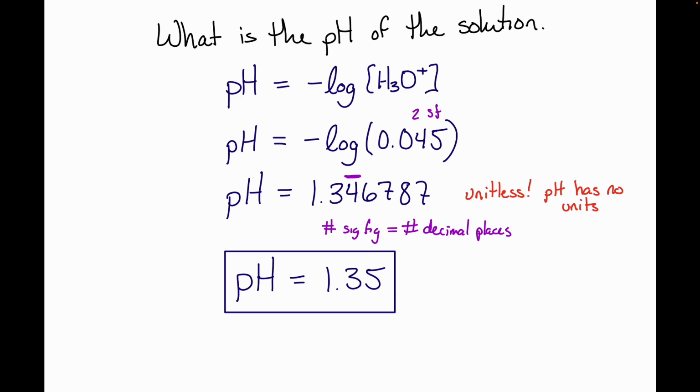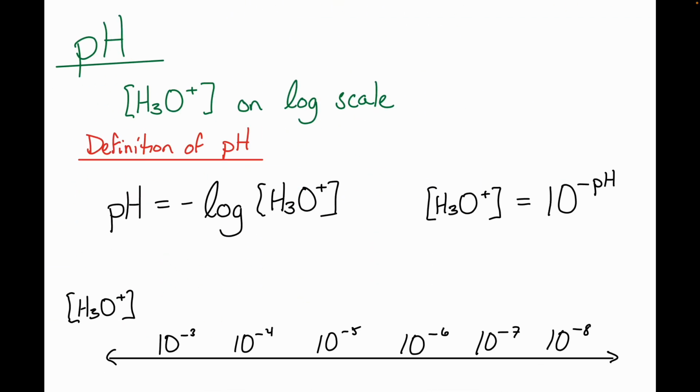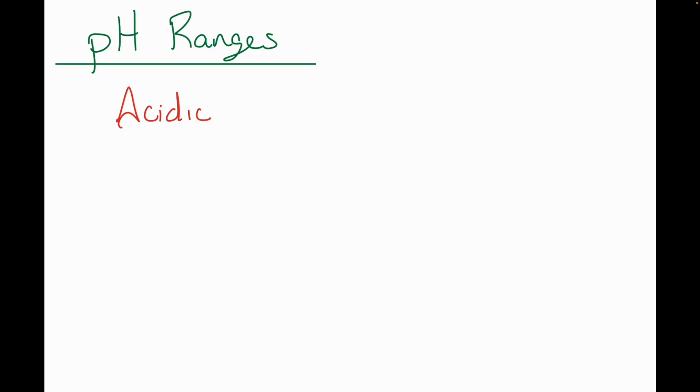Cool. All right, we also have these classifications that we use given whatever the pH of our solution is. These pH ranges. We would classify a solution as acidic. An acidic solution means that the concentration of hydronium is greater than the concentration of hydroxide in that solution.